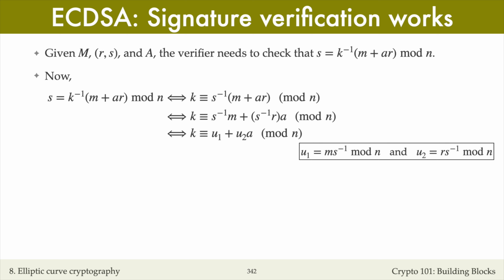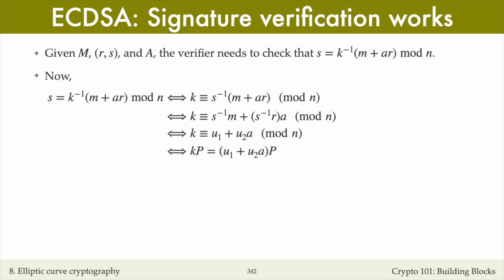Recall now that the multiples of the point P can be thought of as being arranged around a cycle of length n. And so, since K is congruent to U1 plus U2A modulo n, KP is equal to U1 plus U2A times P. So we've replaced the congruence of integers with an equivalent equation of points.